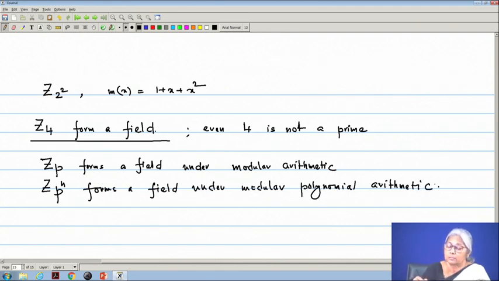So, this is the conclusion that we make, that Z p to the power n forms a field. We will continue this lecture with some examples we started in the next class.